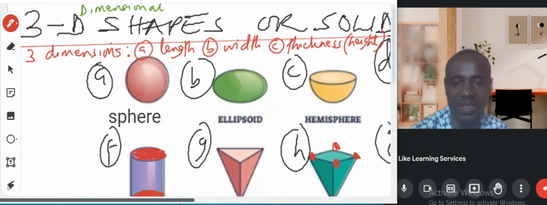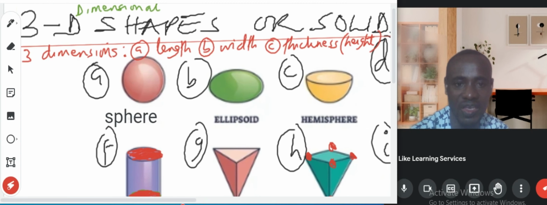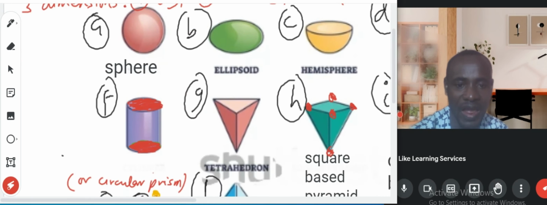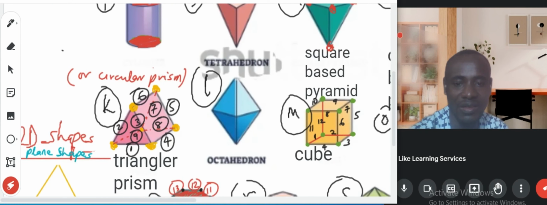That's what makes 3D shapes different from 2D shapes. There's a thickness. It's thick. You can feel it. It's a solid. They are 3D shapes. We can talk about the length, the width, and the thickness. Let's look at this one: the length, the width, and how thick it is. 3 dimensions: 1, 2, 3.